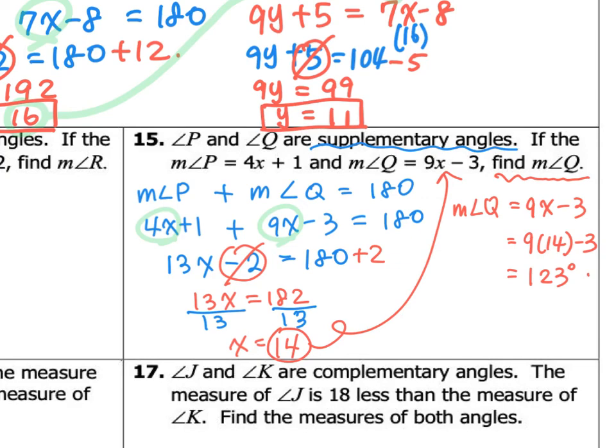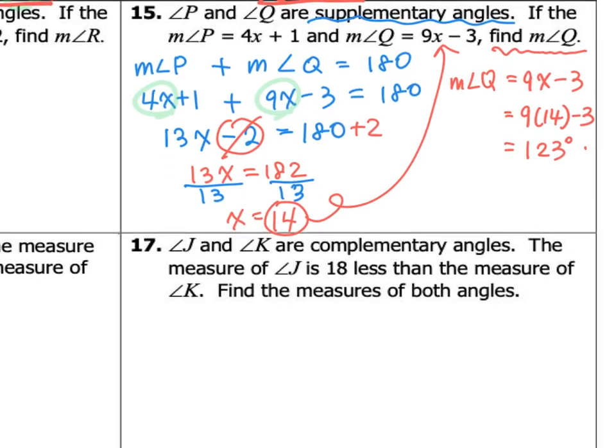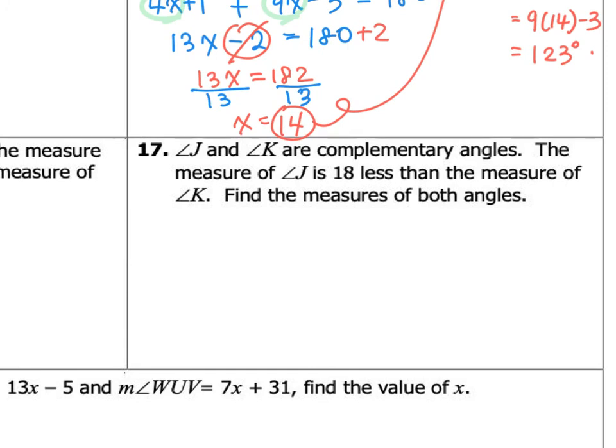All right, let's move on to number 17. Angle J and angle K are complementary angles. So complementary angles mean adding up to 90 degrees, and J is 18 less than measure of K. So whenever you see less than, what does that mean?